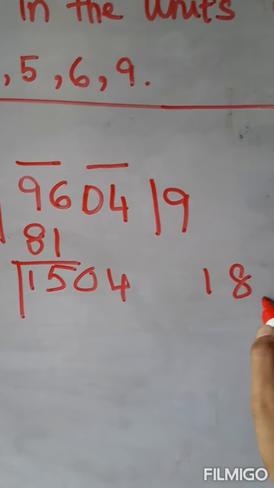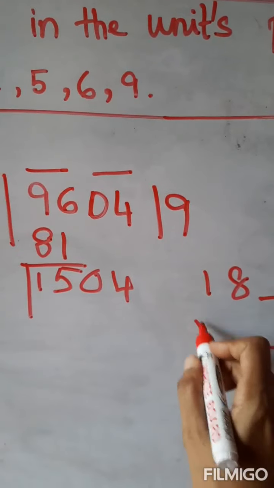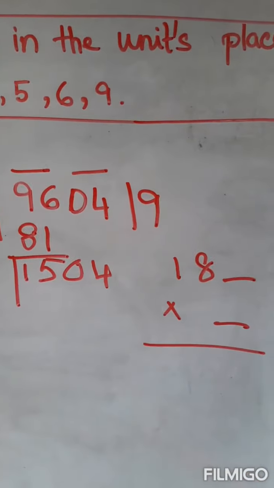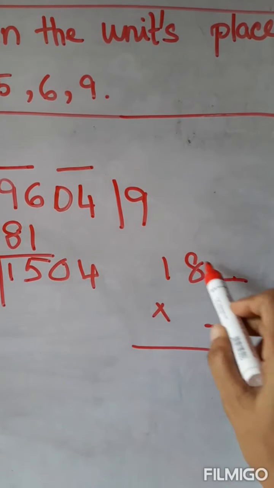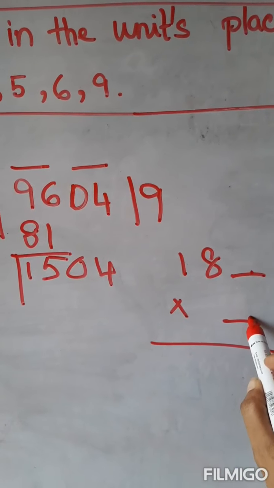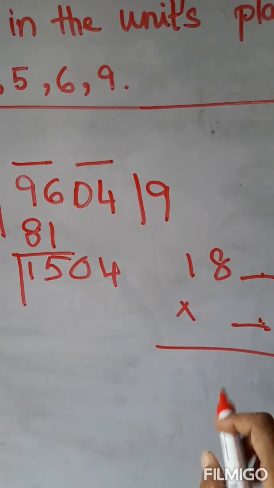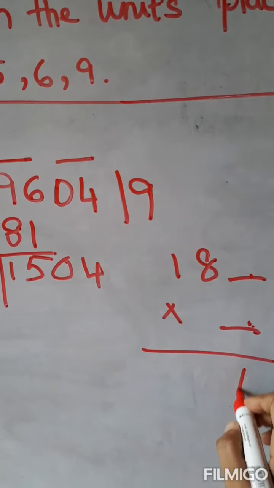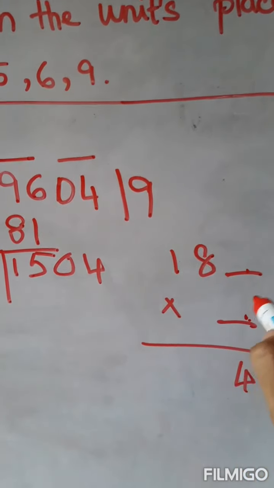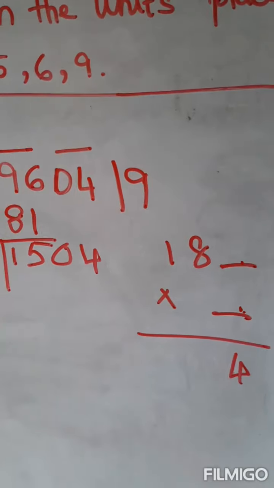Now we are going to think of a number which, when multiplied by the same number, gives 4 in the units place. So it can be 2, it can be 8.